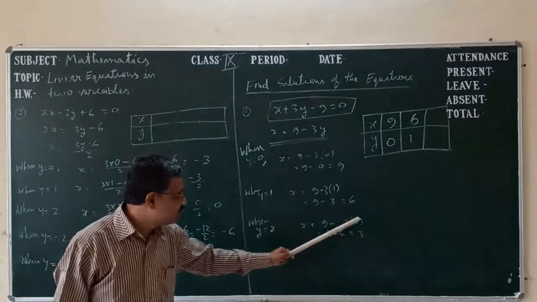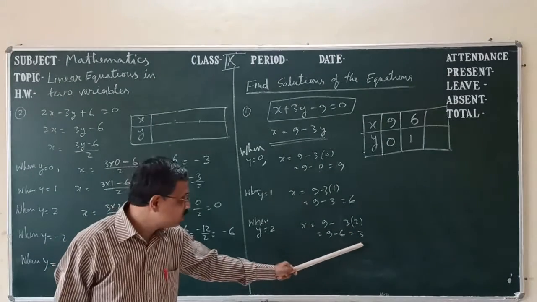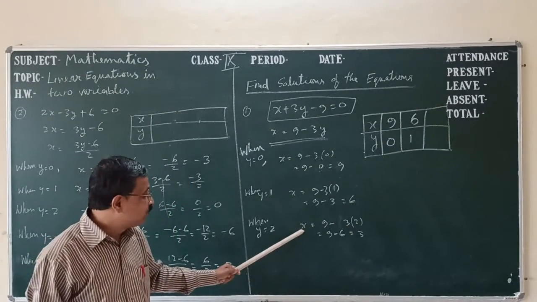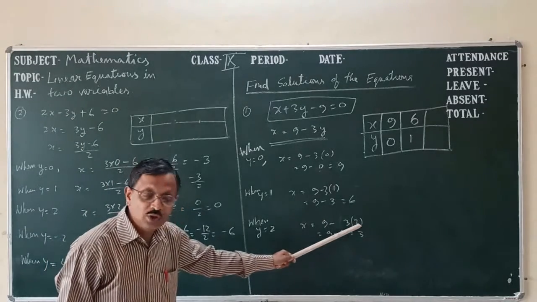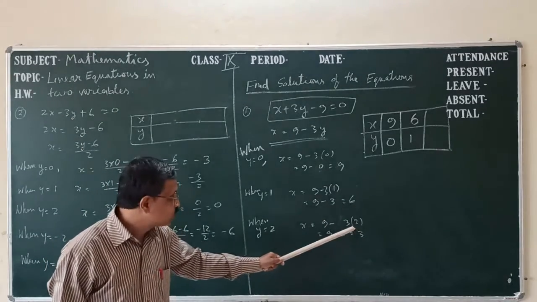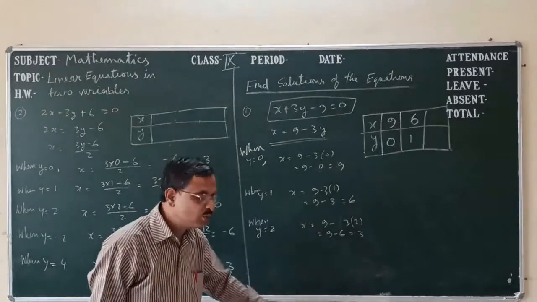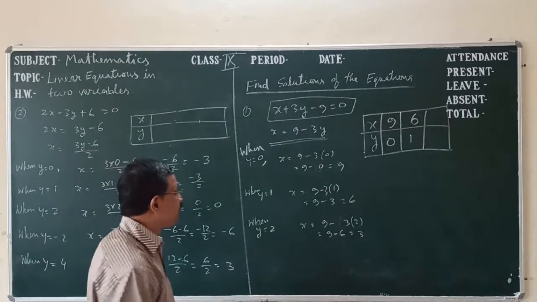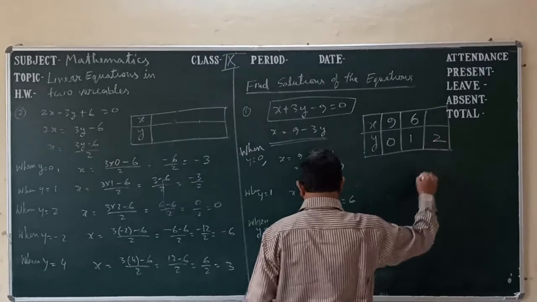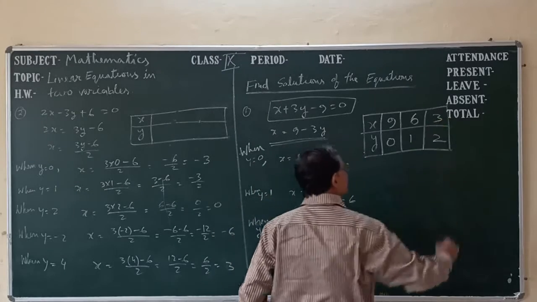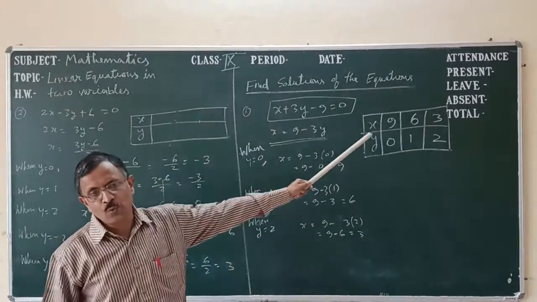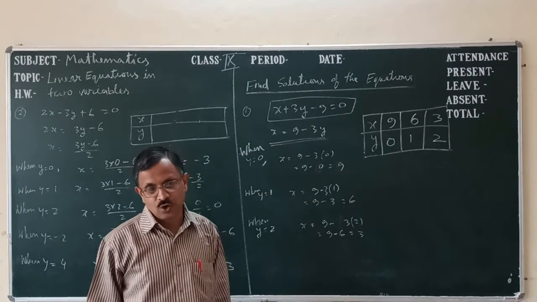So 9 minus 3 into 2, 9 minus 6 is equal to 3. So when y is 2, we get x equal to 3. In this way, we can find many values.